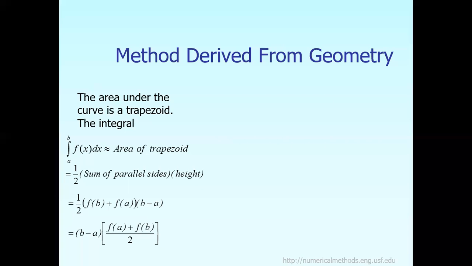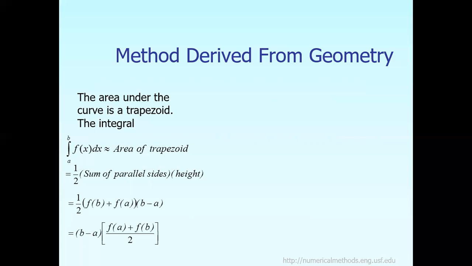The derivation of that method: the area under the curve is a trapezoid, so the integration of a to b f of x dx is nearly equal to the area of the trapezoid. It is equal to 1 by 2 into the sum of parallel sides into height.